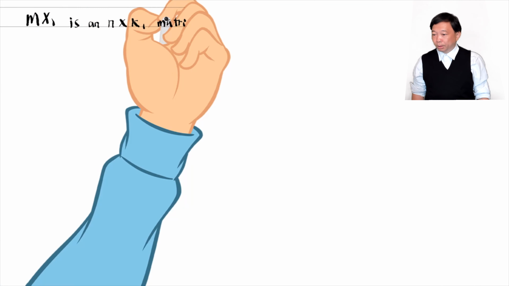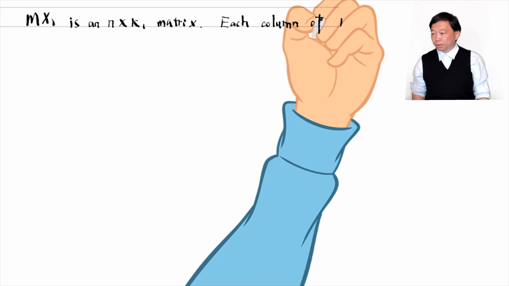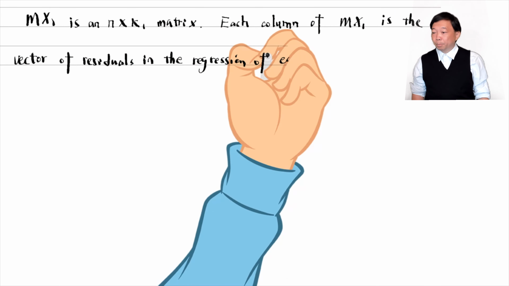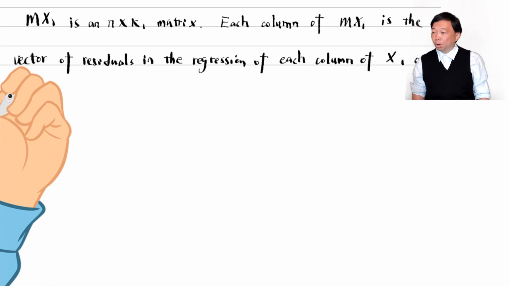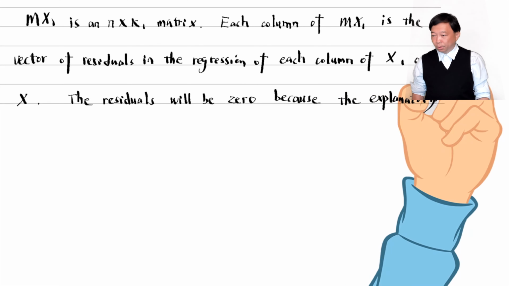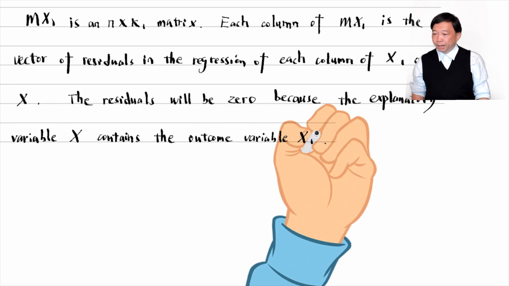According to the residual maker, M multiplied by x1 results in an n by k1 matrix. Each column of it is the vector of residuals in the regression of each column of x1 on all columns of x. The residuals will be 0 because the explanatory variable x contains the outcome variable x1.